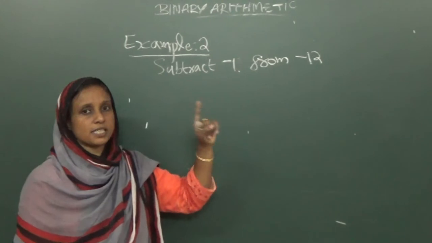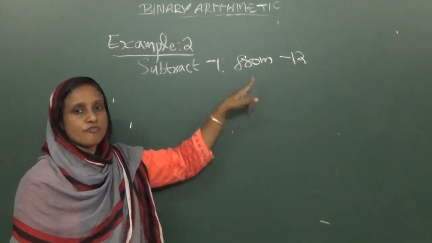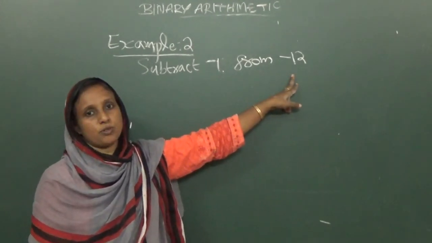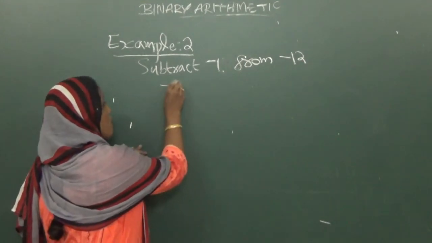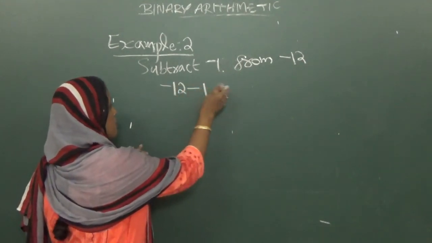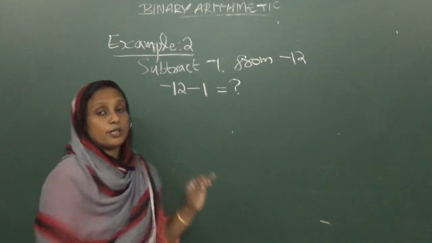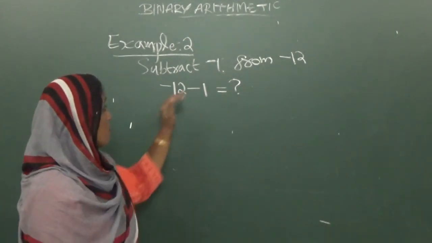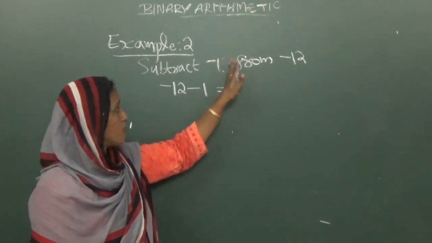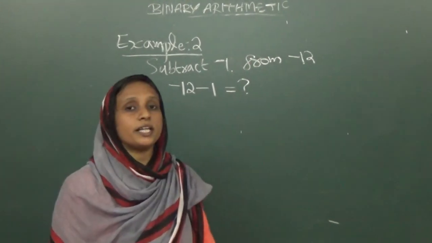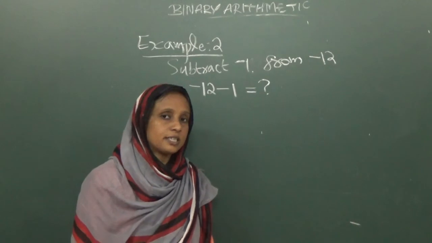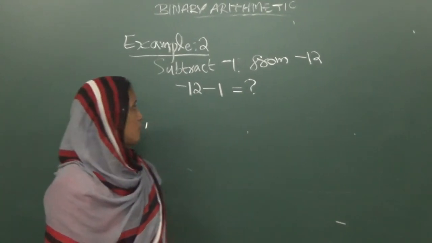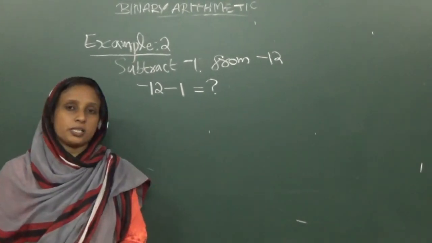In another problem, we have to subtract minus 1 from minus 12. So you have to do minus 12 minus 1 in binary form. Subtract the binary form of minus 1 from its equivalent of minus 12. That is our problem. So what do we want to do first?